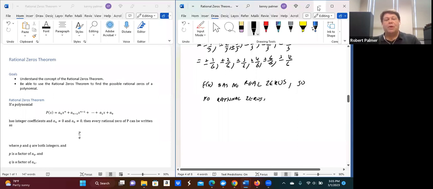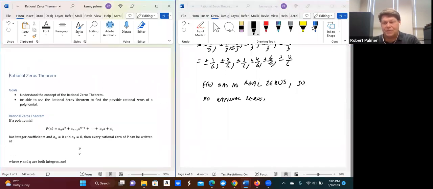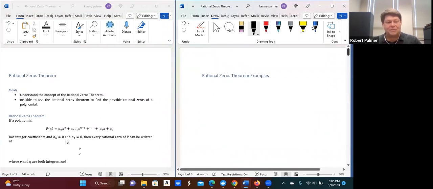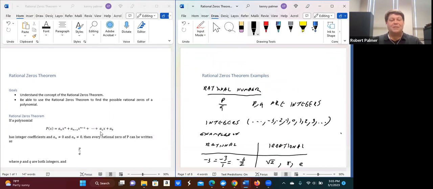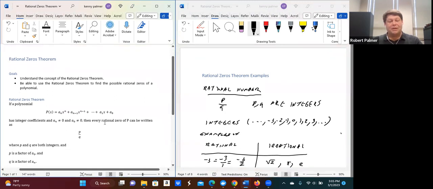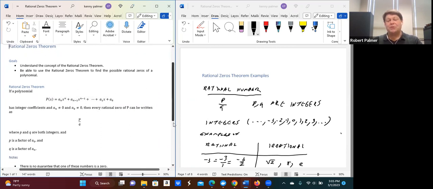Okay. So what we've learned about the rational zeros theorem is that if we have a polynomial like this, where our coefficients, the numbers in front, the a's, including the constant, are integers, and it has rational zeros, it has to be one of these, p over q, as we've seen, where p is a factor of the constant and q is a factor of the leading coefficient. Put those together, and it has to be one of those if it has rational zeros.